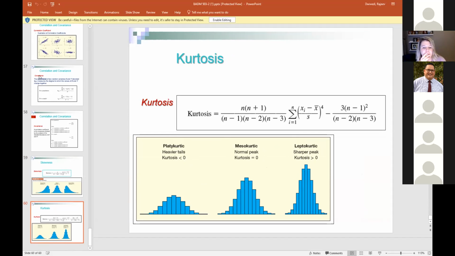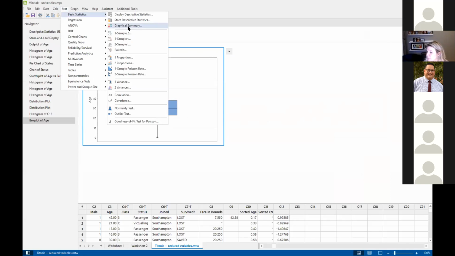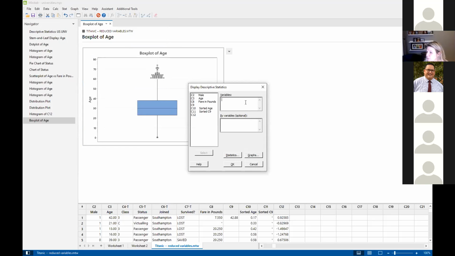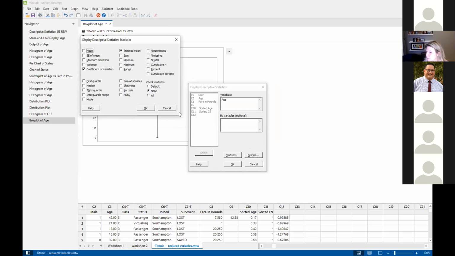Now I'm going to show all these calculations on Minitab. Right here we have everything. Go under Statistics, display descriptive statistics, and I'm going to do this, for example, for age. When you look into the statistics, I'm just going to select none.